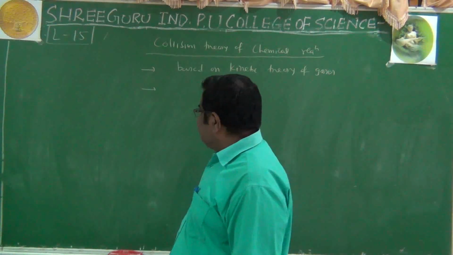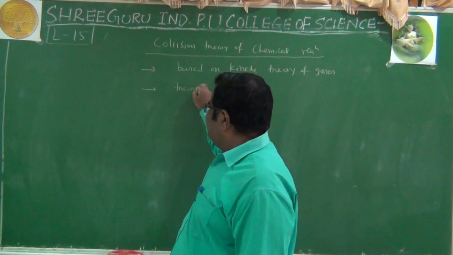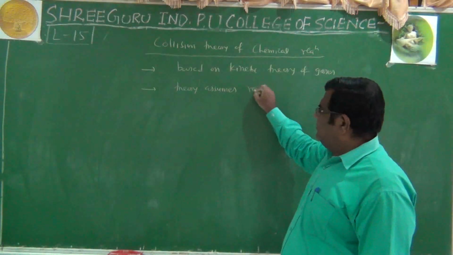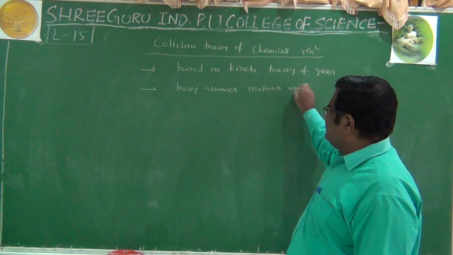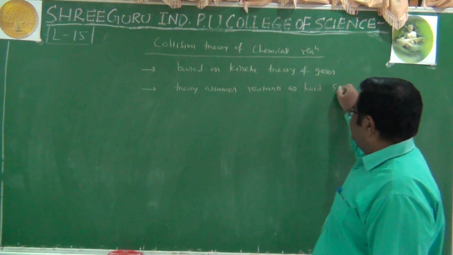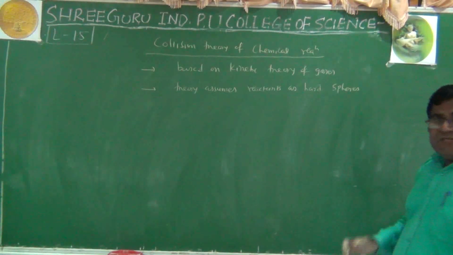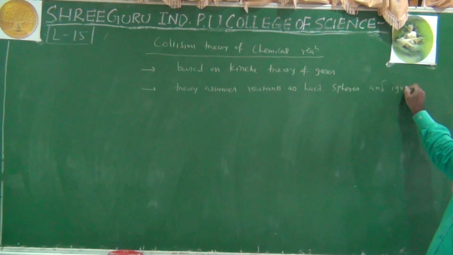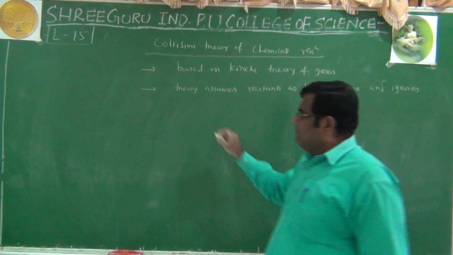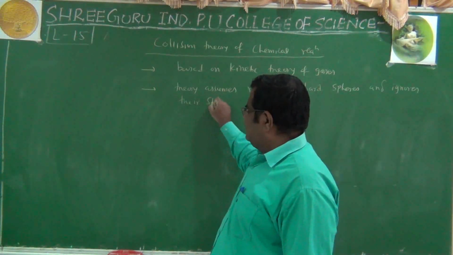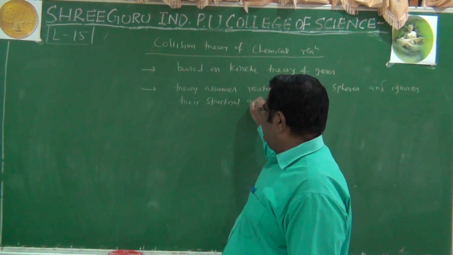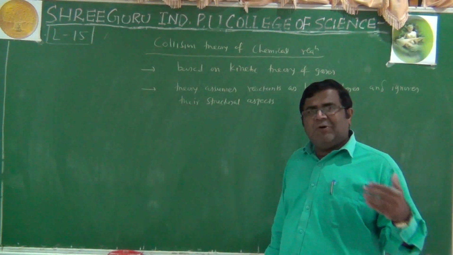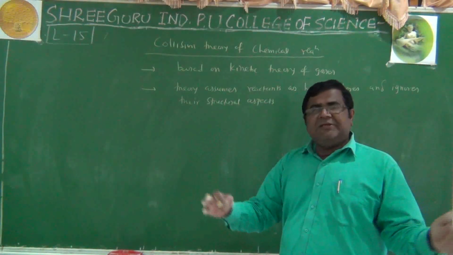And the second point is that the theory assumes reactants as hard spheres and ignores their structural aspects, meaning their orientation, the kind of chemical bond they form, how they are three-dimensionally arranged.